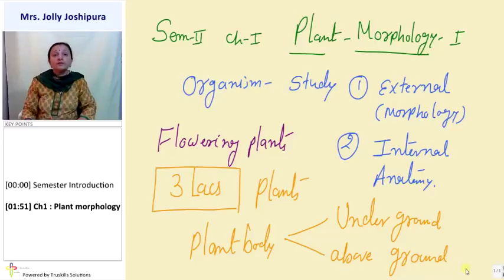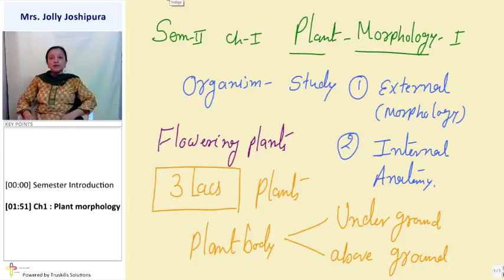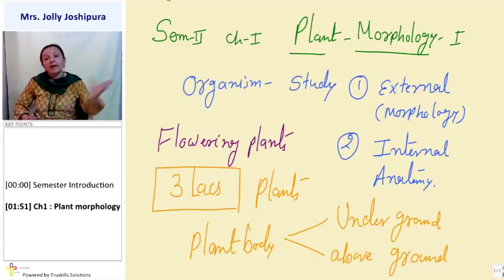Now one by one we will begin the new terminology. Till now it is clear to you that any plant can be studied in 2 different ways. One is external study, that is morphology, and the other is internal study, that is anatomy. Your first chapter is of morphology, which means you are going to study everything about the plant externally, and still one LS is there, one section is given to you, so that also we will include here.